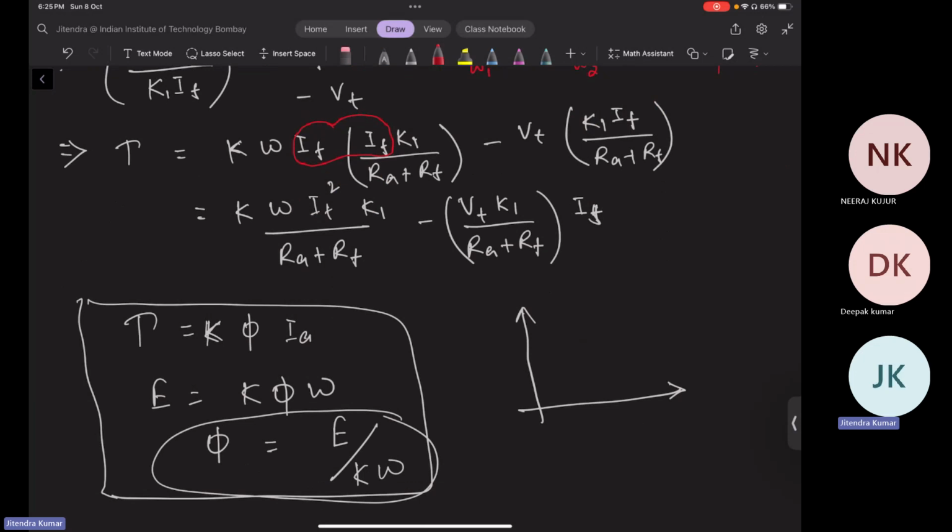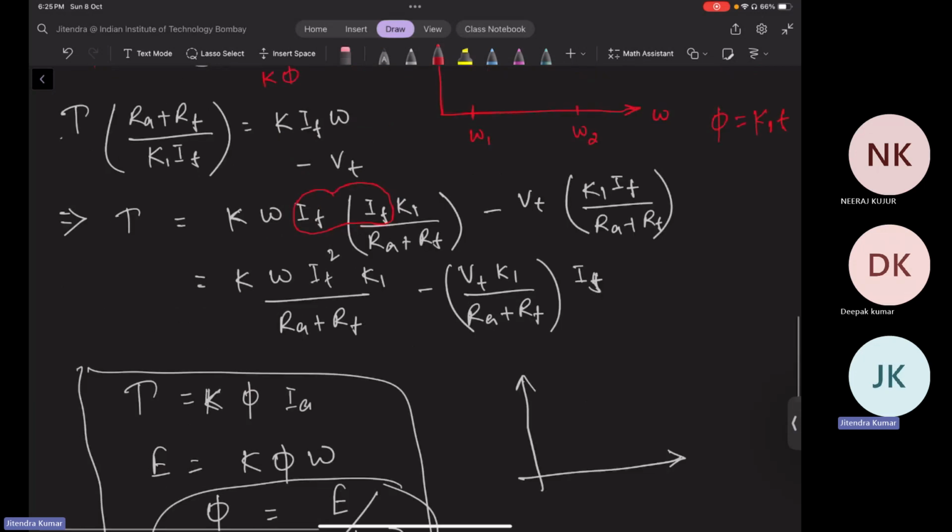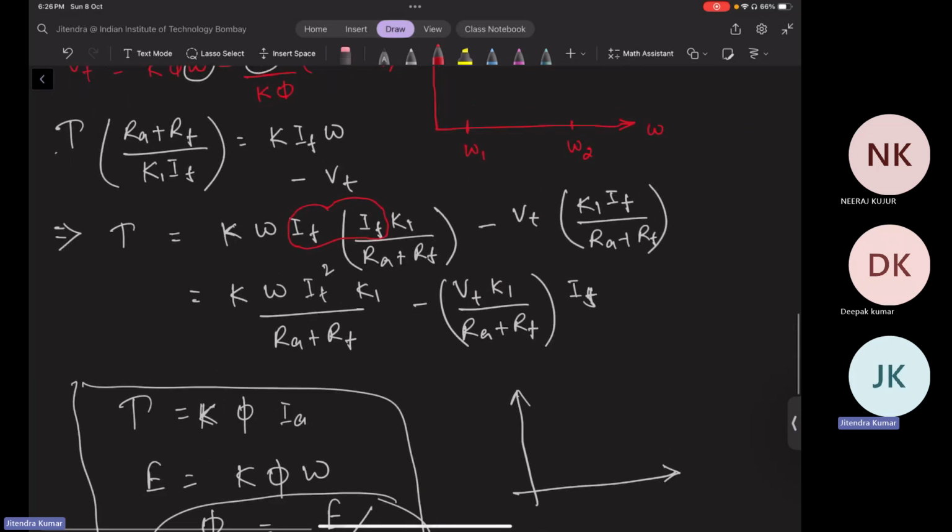Let's clarify it. You mean that I have taken K1 as what? Phi F is equal to K1 IF, right?